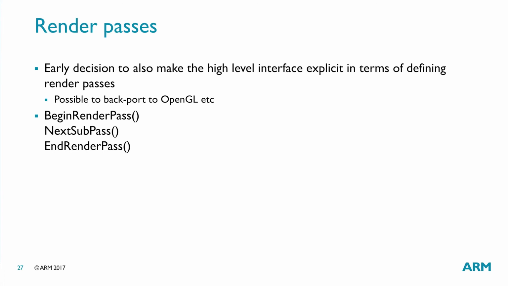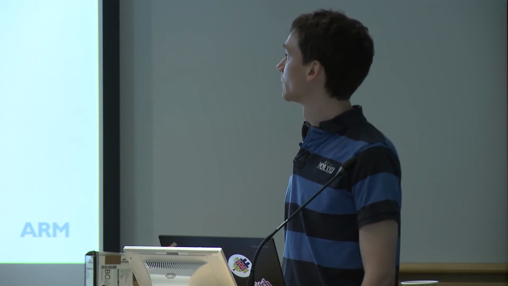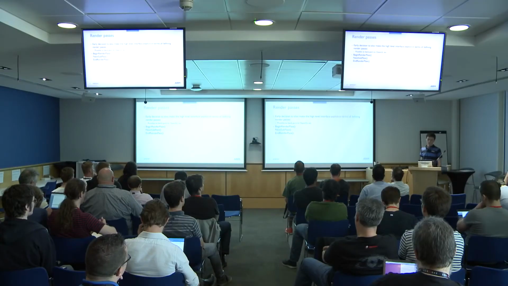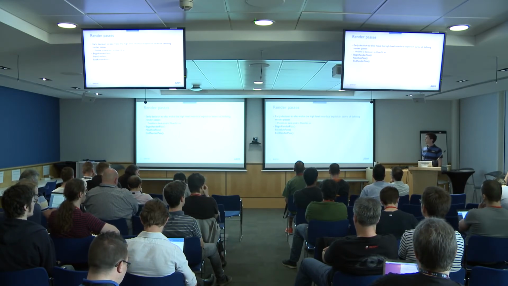So to make this work in our engine, we decided very early on to make all the rendering very explicit. So we have explicit commands to do begin render pass, next render pass, and end render pass. Doing this, it was also quite easy to backport to OpenGL, because we also still want to support OpenGL, at least for comparison purposes in our engine.